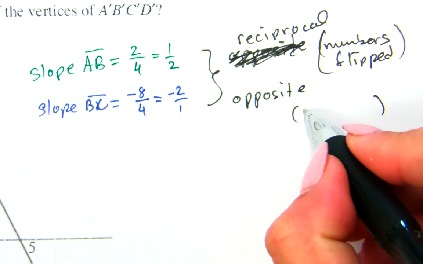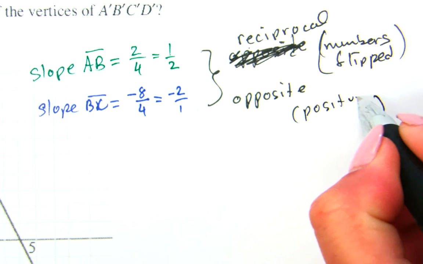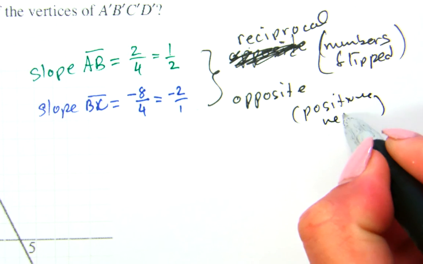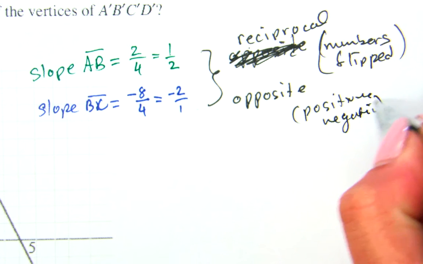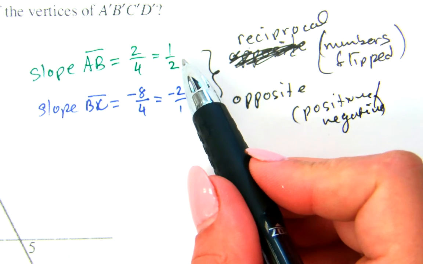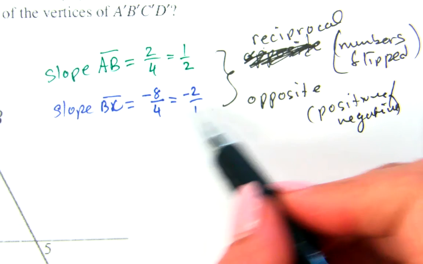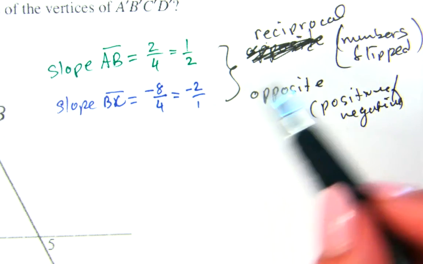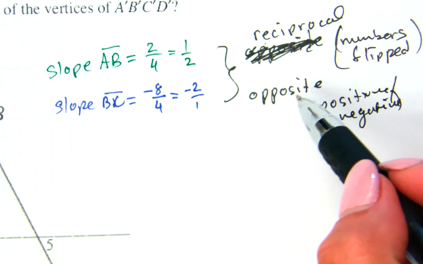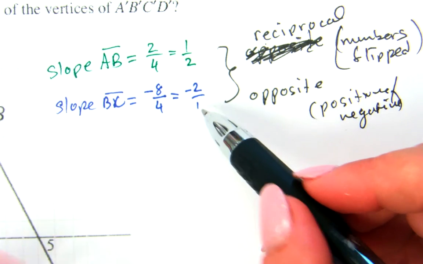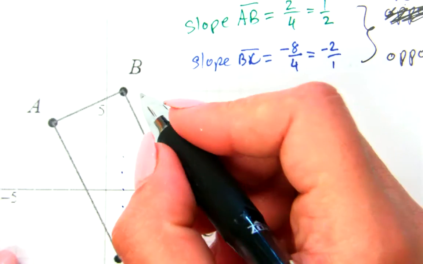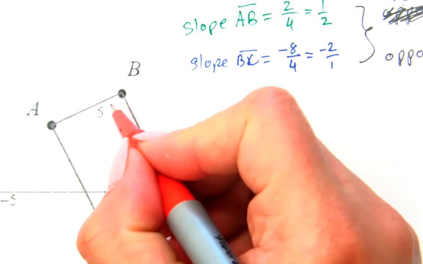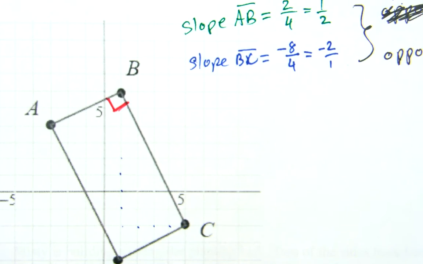So one is positive, and then the other one is negative. So positive being the slope from A to B, and the slope from B to C being the negative one. So they're opposite and reciprocal slopes of each other. Okay, so that means we sure in fact do have a 90-degree angle right up here.